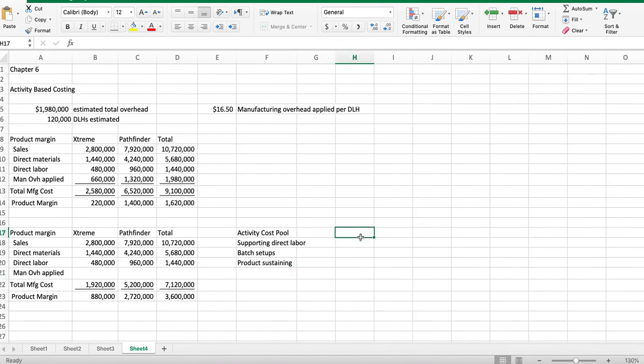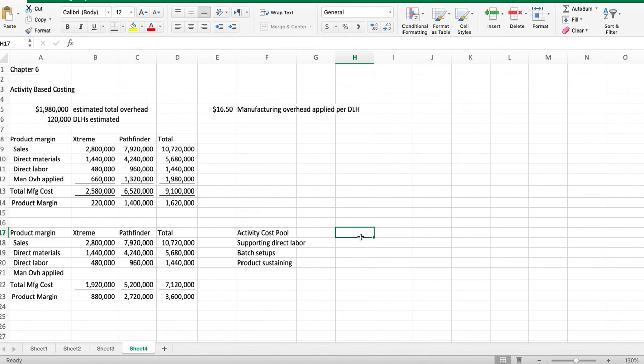I believe what was given to you in the problem also included other, but we don't include that because that is organization sustaining and it's idle capacity cost. In other words, if their activity is not happening, those costs still do happen.